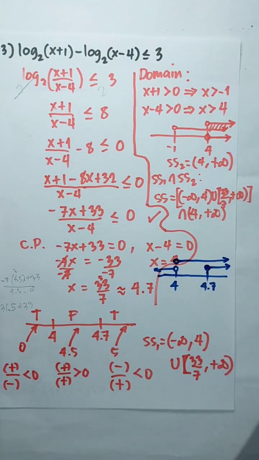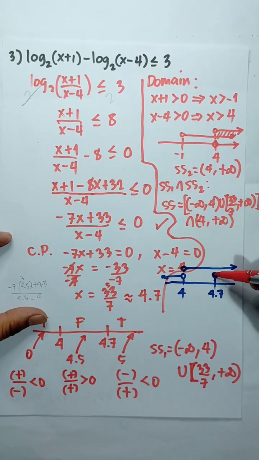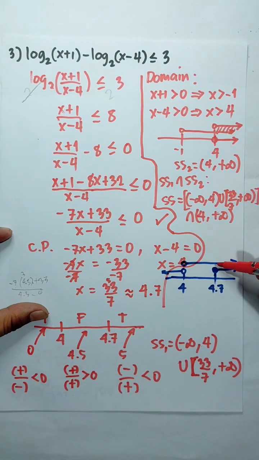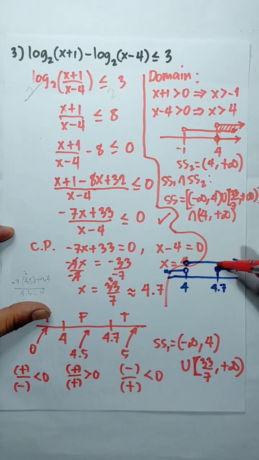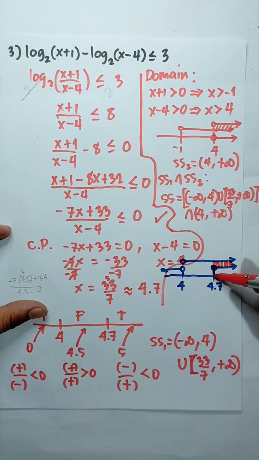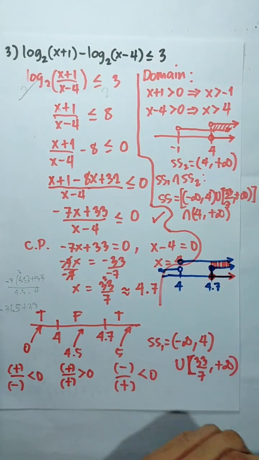Now let's take the common points, the intersection of these intervals, their common would be here. Okay, this is the common. So starting from here, including the endpoint to positive infinity.